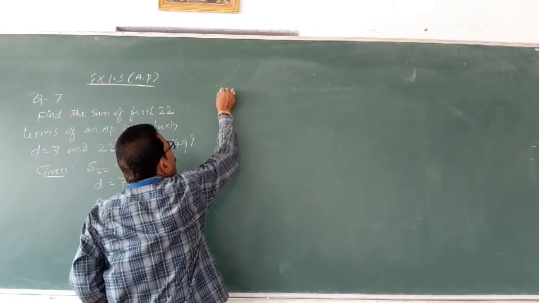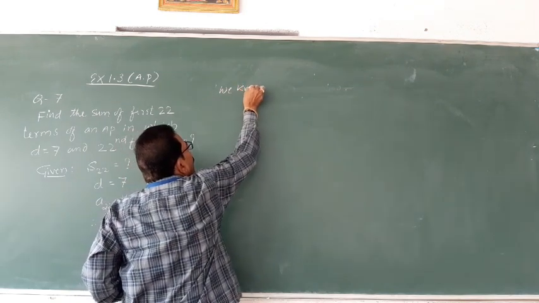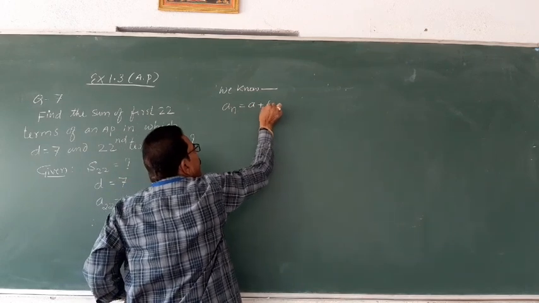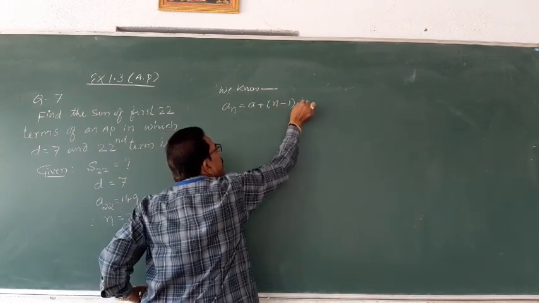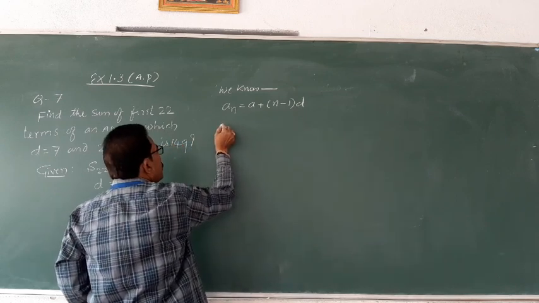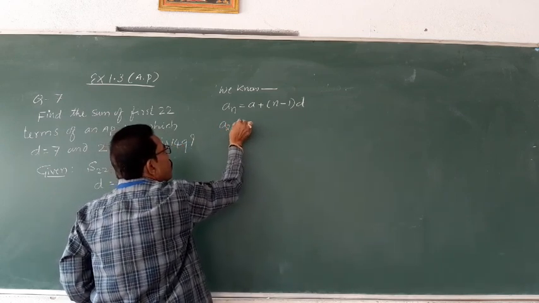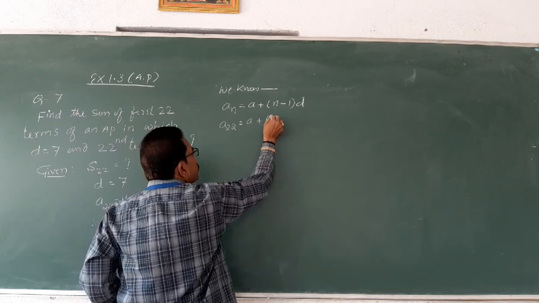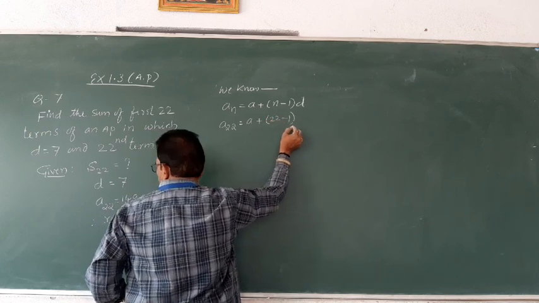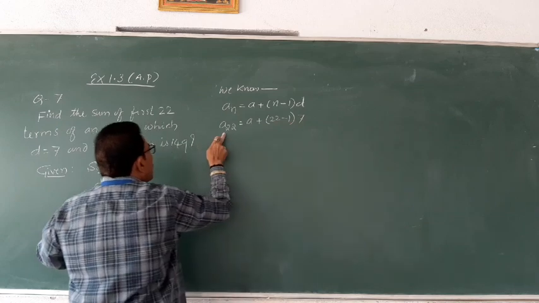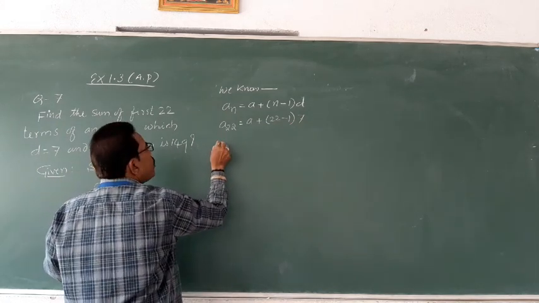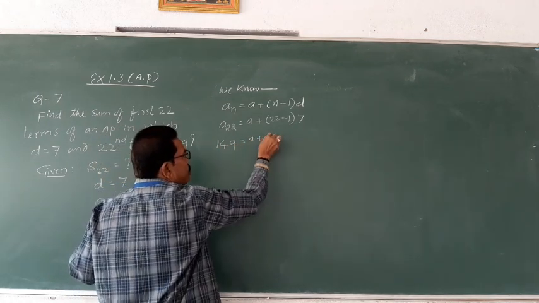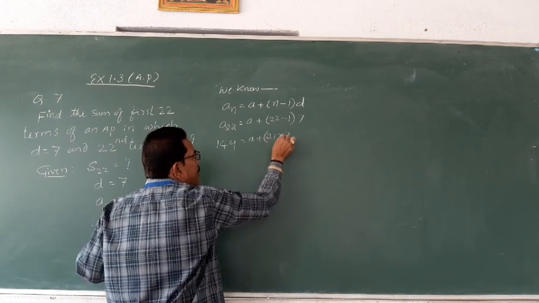Now we know an equals a plus n minus 1 into d. a22 equals a, we do not know, plus n minus 1, 22 minus 1, into d, that is 7. a22 is 149. a plus 22 minus 1, 21 into 7.